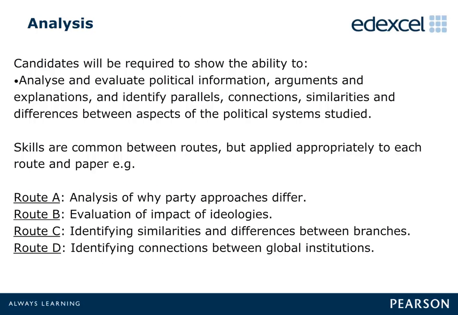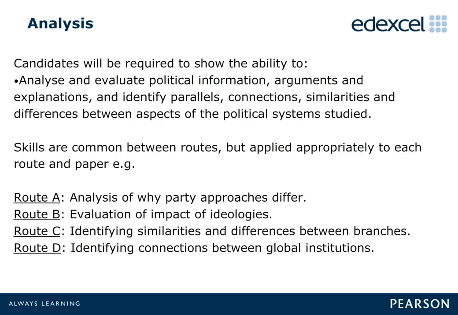For analysis and evaluation, candidates are required to show the ability to analyze and evaluate political information, arguments and explanations, and identify parallels, connections, similarities and differences between aspects of the political system studied. The skills used for analysis are the same for all routes and papers, but will be applied appropriately for each specific route and paper.